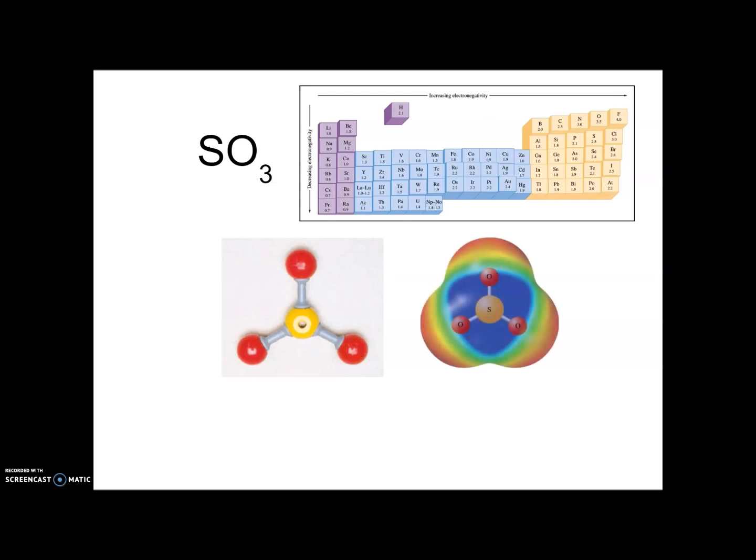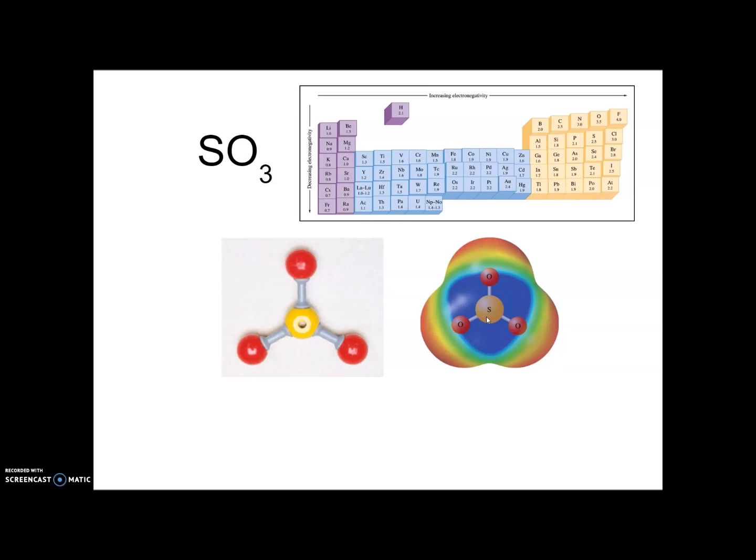And since all the oxygen atoms are more electronegative, we show greater electron ownership around the oxygen atoms. One way to represent that is with this kind of a map called an electrostatic potential map, where the reddish coloration is greater electron density and the bluish areas are the lower electron densities.